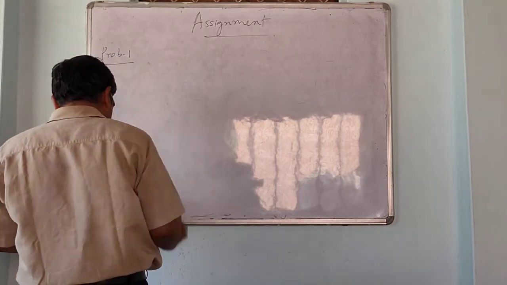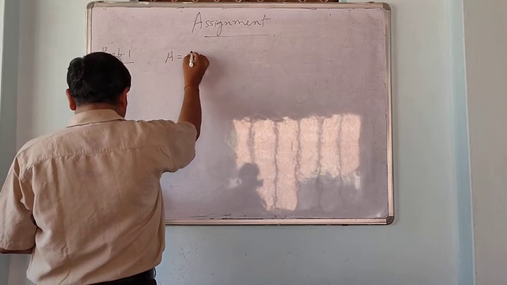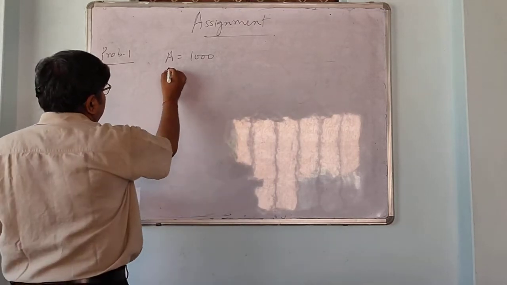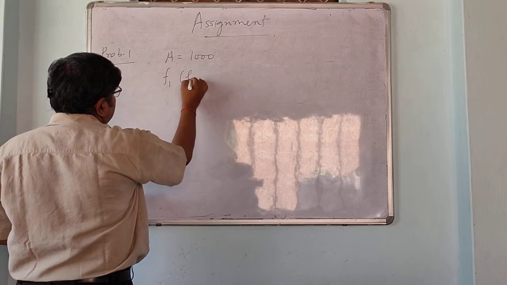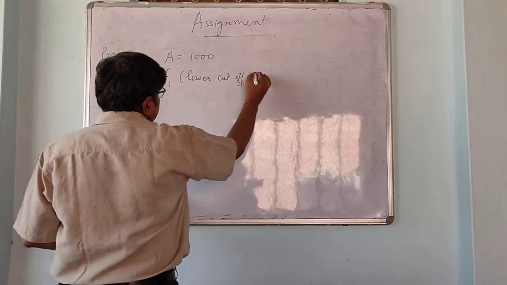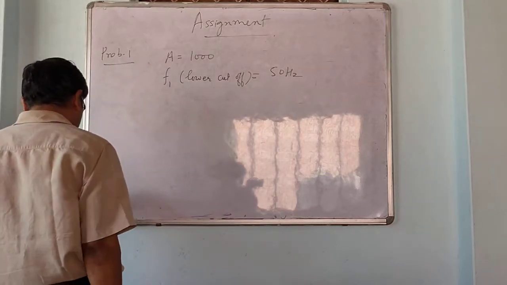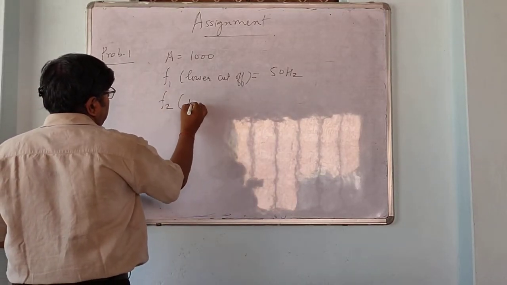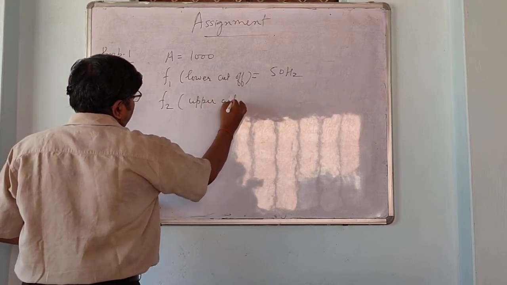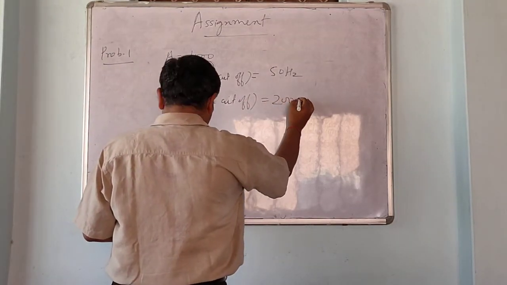An amplifier has a voltage gain of 1000. A is given as 1000, and F1, this is the lower cutoff, is given as 50 Hz, and F2, which is the upper cutoff, is given as 200 kilohertz.